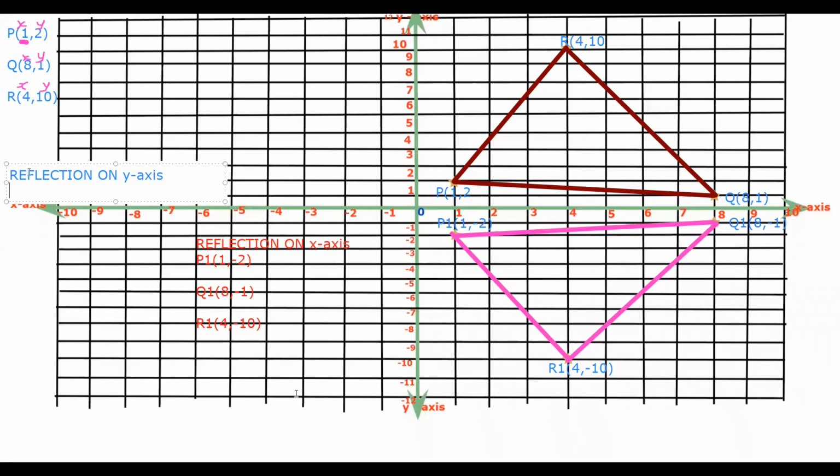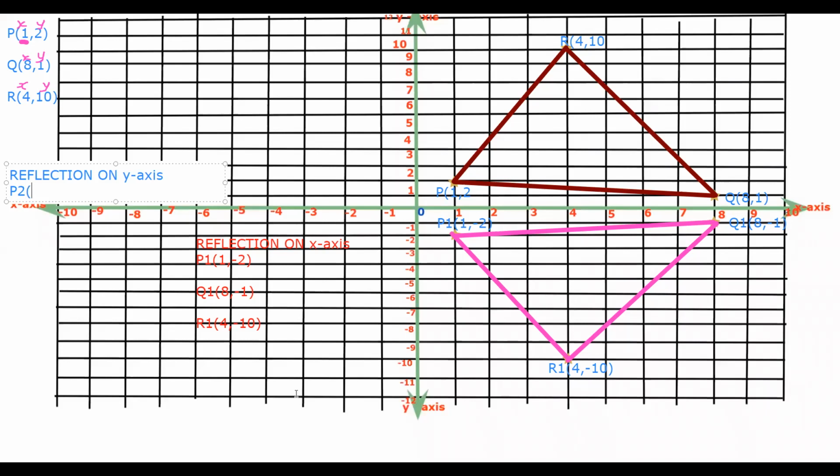So our new point will be P2, because we have a point called P1, another point called P. So point P2 is formed by the 1 and 2.